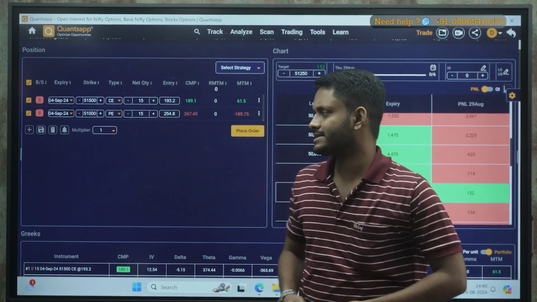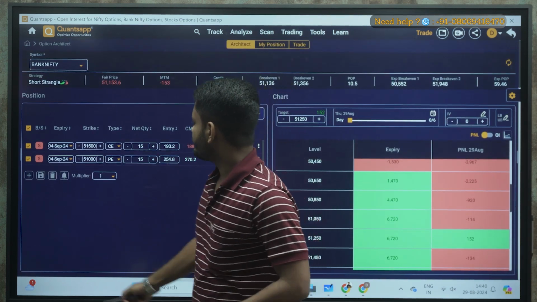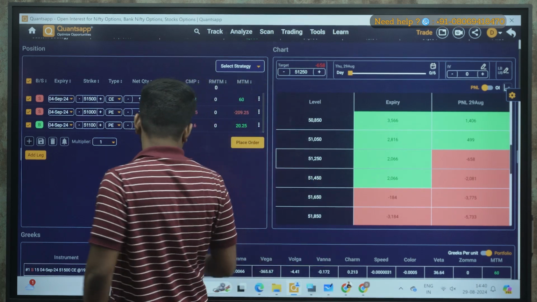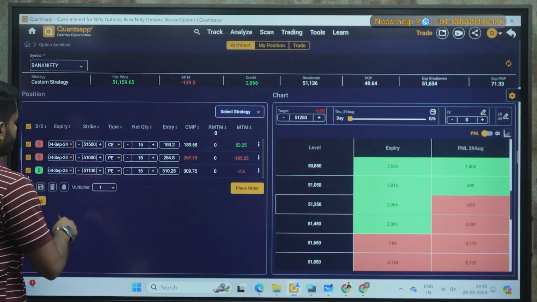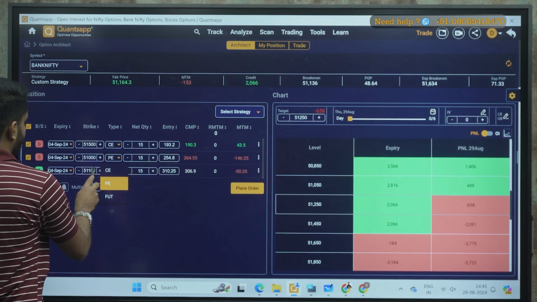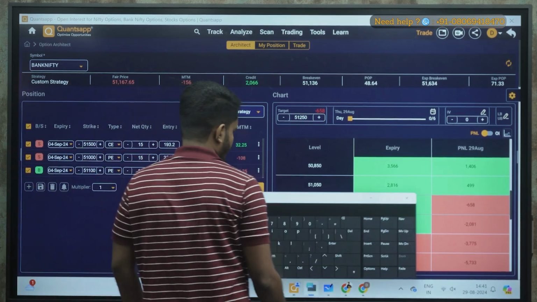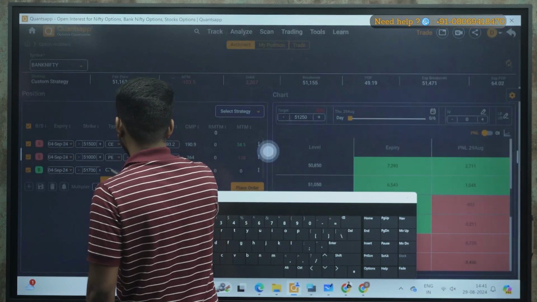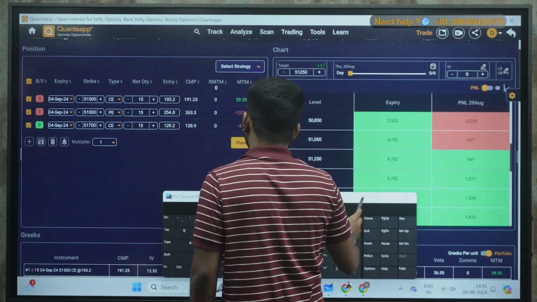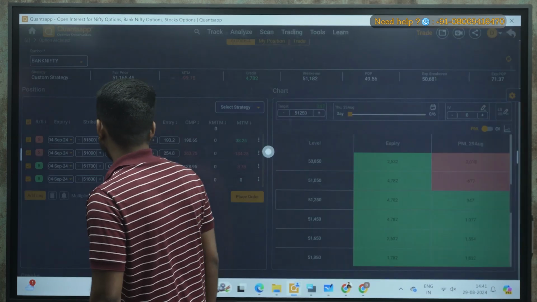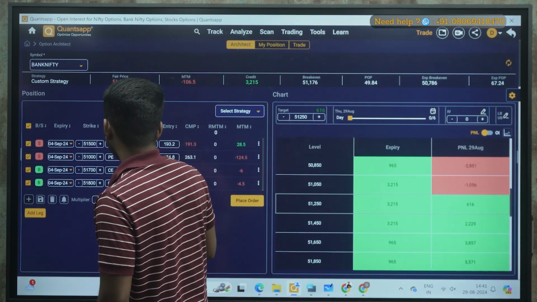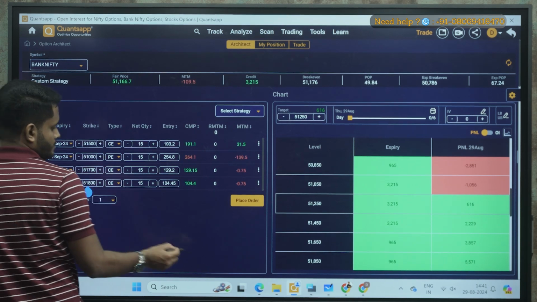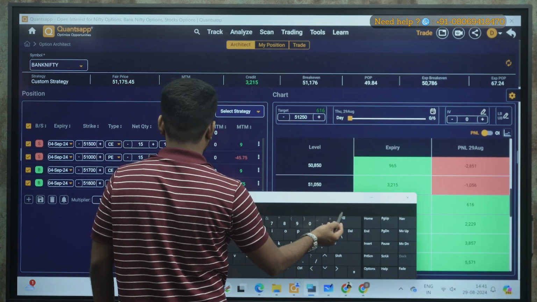So just to protect ourselves, I will add a 1 or 2 strike OTM call and a 1 or 2 strike OTM put. Let me add a 51,700 call to hedge myself, and I will add a 50,800 put.